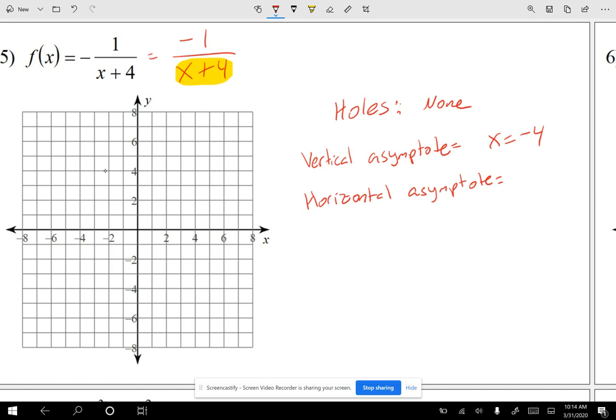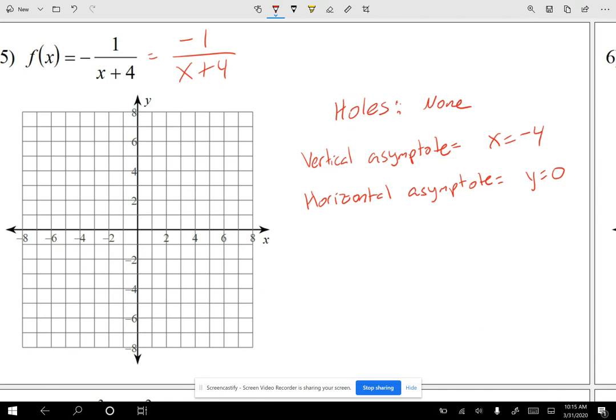Now for the horizontal asymptote, the exponents come into play. I look at the highest exponent of x, and I ask myself, where is the highest exponent? The top, the bottom, or probably the same. When the biggest exponent is at the bottom, like in this case, my horizontal asymptote is y equals 0.